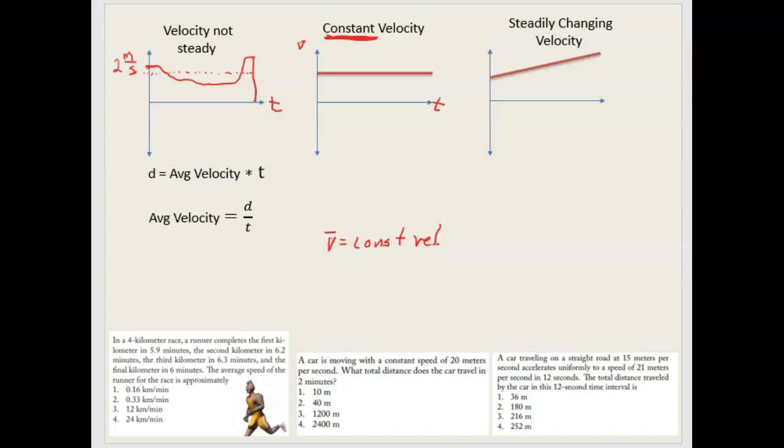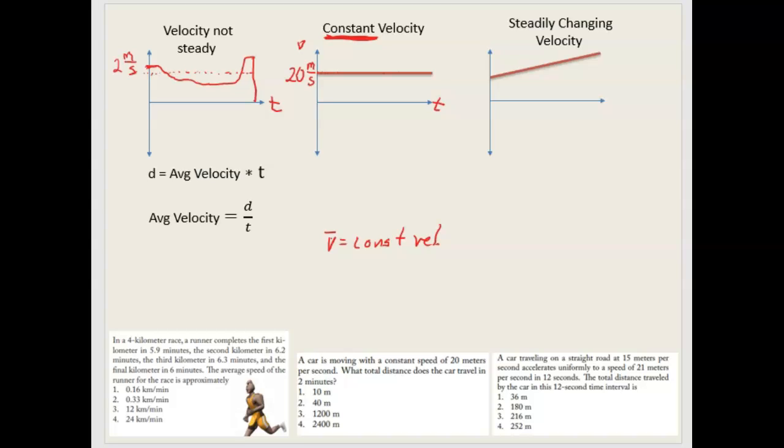Say I'm traveling at a constant 20 meters per second. That means when you first started observing me, I was already traveling at 20 meters per second. I didn't speed up to 20. I've been traveling at 20 meters per second, and you began observing me at some moment in time. So every moment in time, I've been traveling at 20 meters per second.